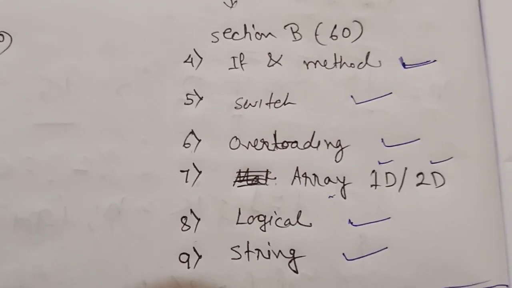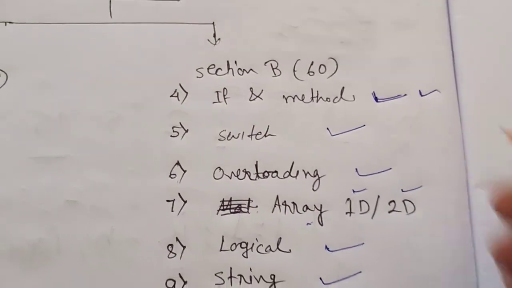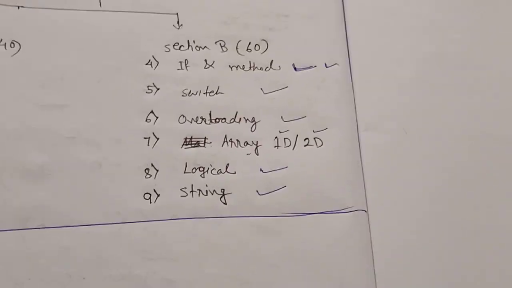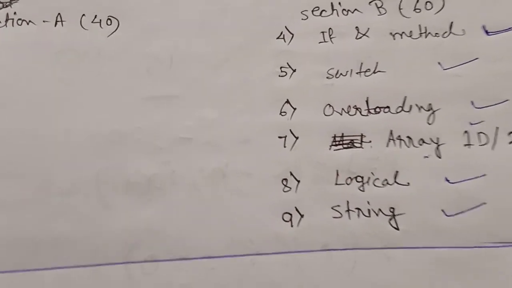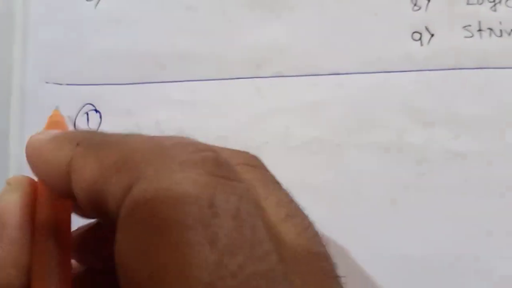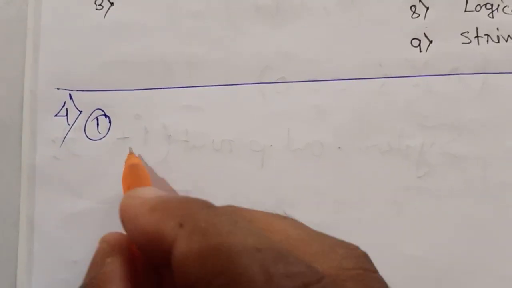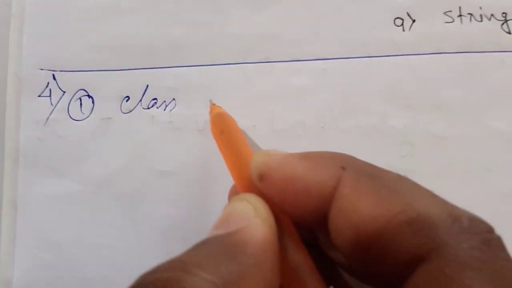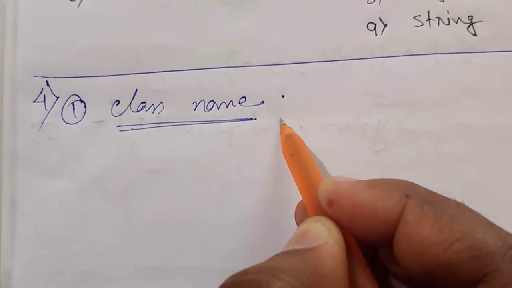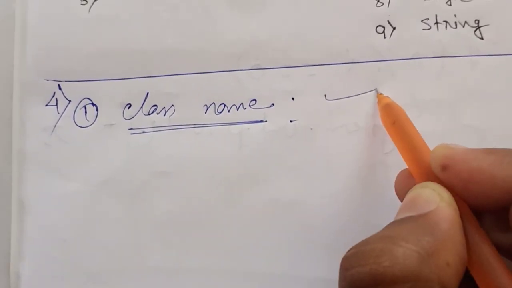Let's start the first portion, question number 4. I know all of you know how to input and all those things, so I'm skipping that and directly entering the program. In question number 4, you get things like the first one is the class name. Whatever class name is mentioned in your question paper, you use that class name.